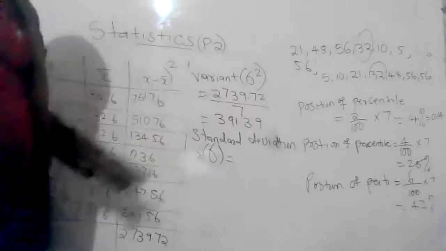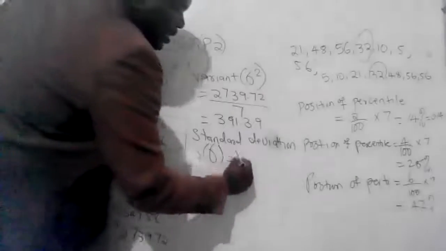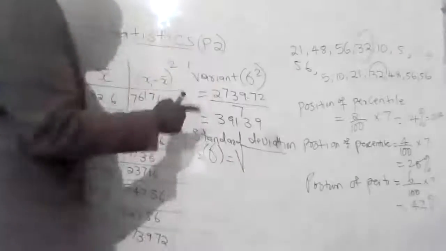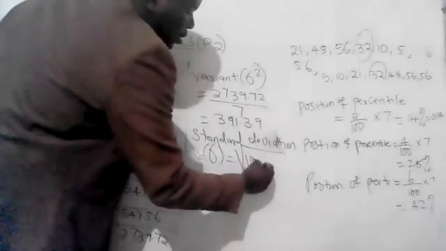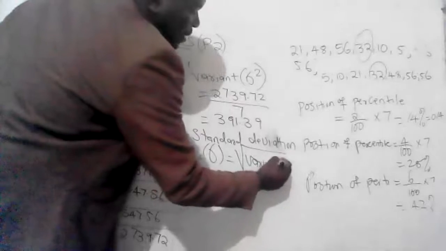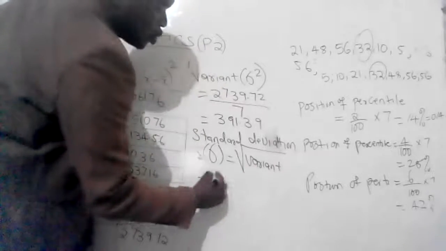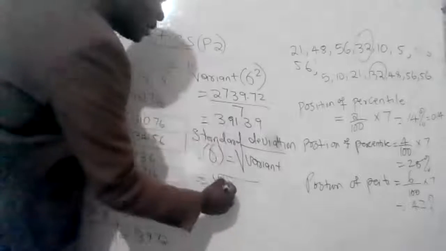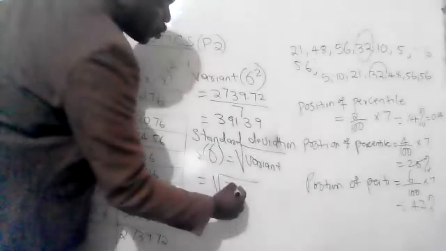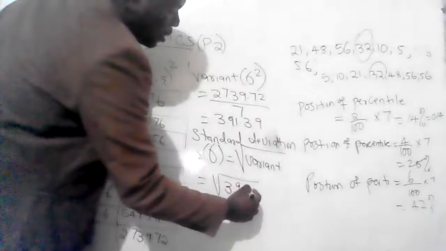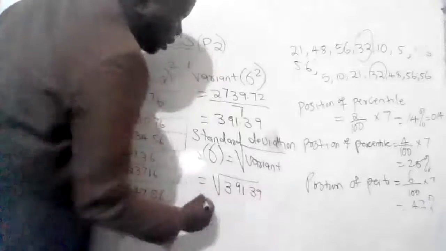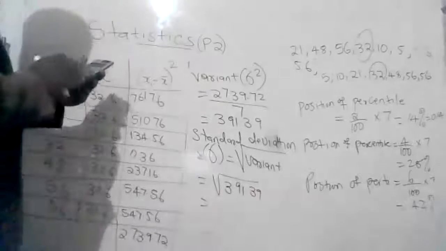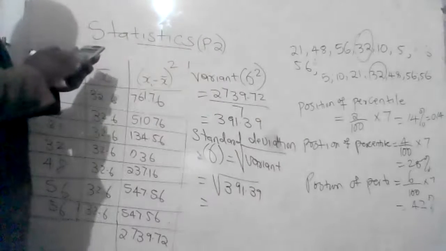Is simply sigma. That simply tells us that it is the square root of the variance. Therefore, that value we obtained as the variance, we have to square root it. So we're going to have the square root of 391.39. So that will give us what is called the standard deviation.